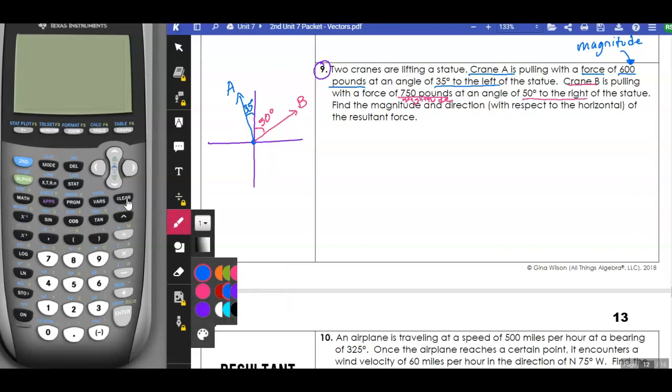So how can we find the direction angle of A, the angle from 0 to our vector?